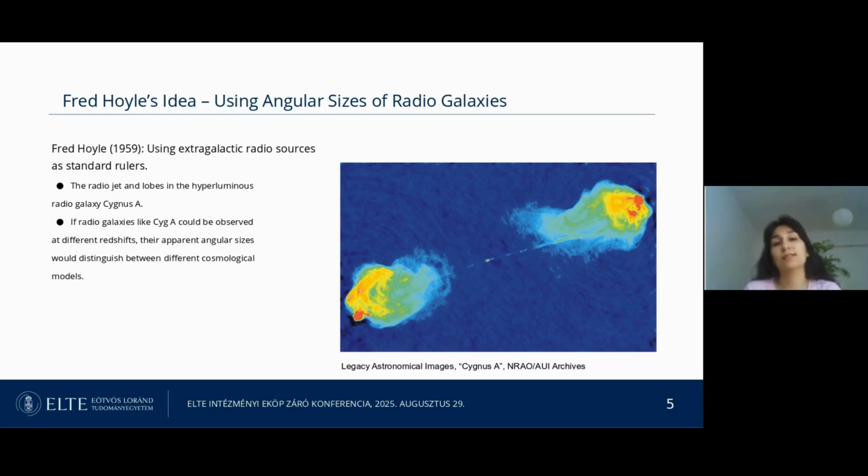Hoyle believed that if we could observe similar radio galaxies at different redshifts, the apparent angular size would give us some information to distinguish between different cosmological models.